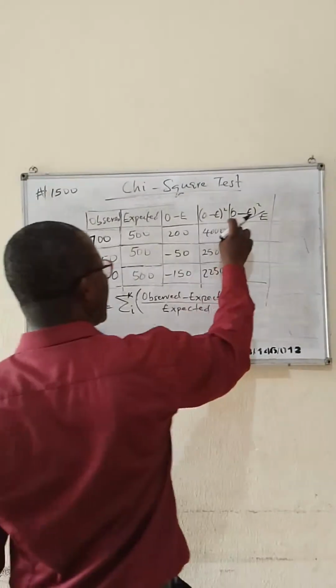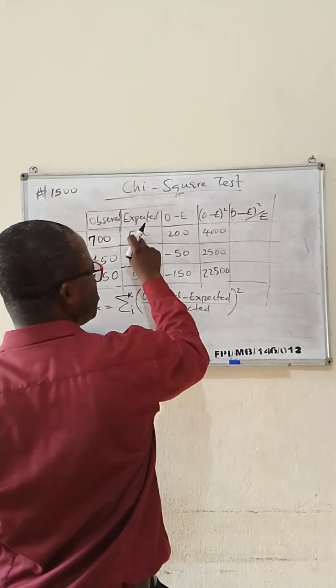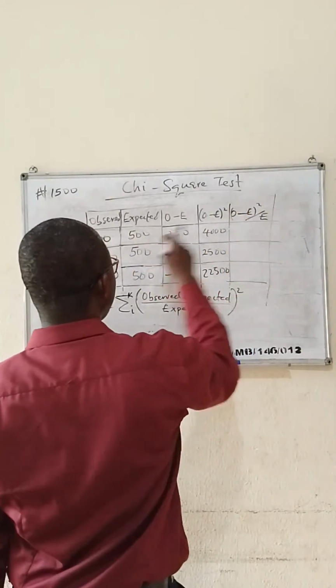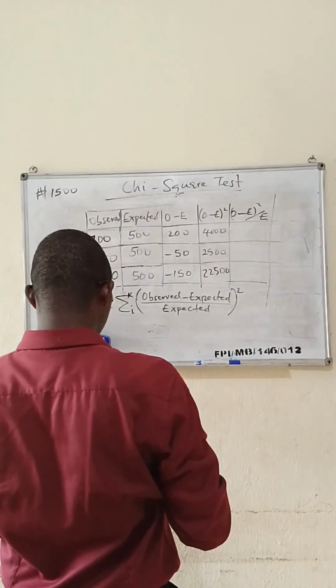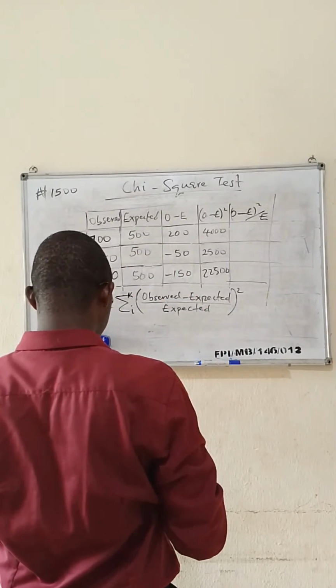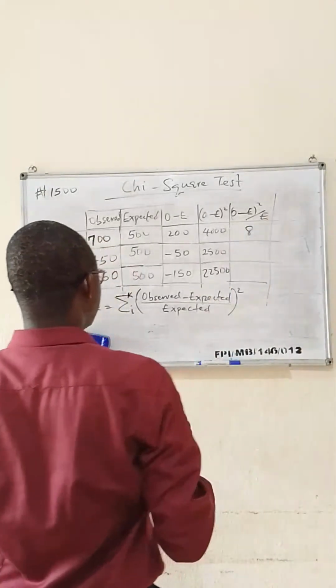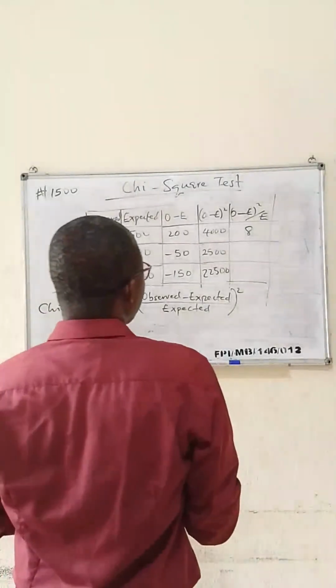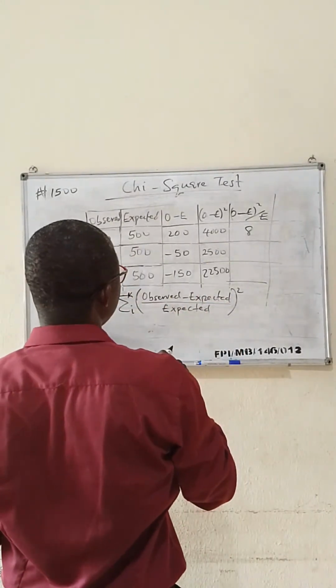The next one, we now use this column to divide this column. That is O minus E all squared divided by E. 4,000 divided by 500. So what's your own answer? I'm doing it. I don't want to wait again because of time. Then 2,500 divided by 500. What's your own answer?